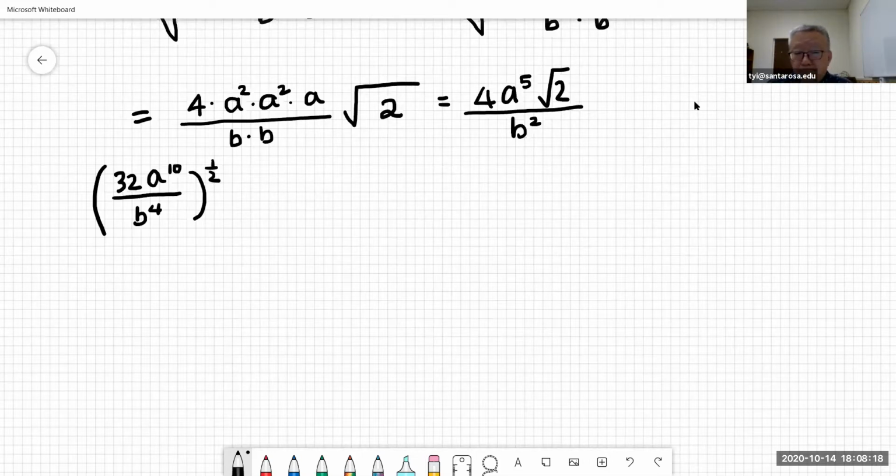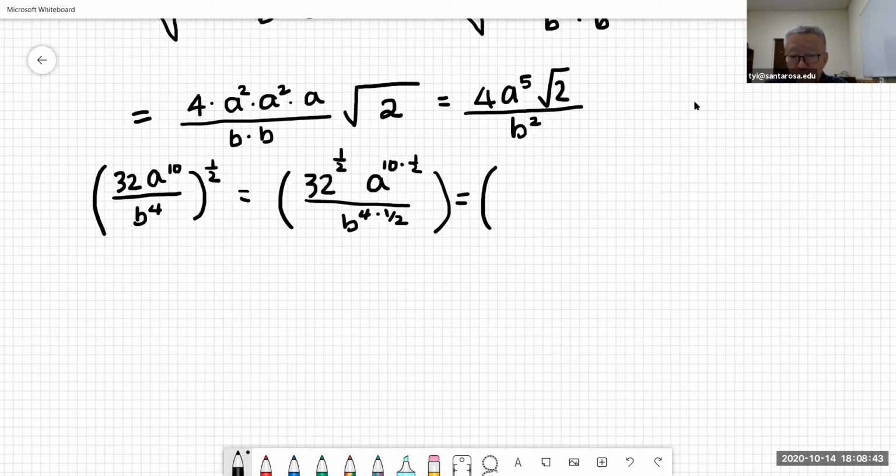So we want to apply the 1/2 to everything inside. So let's just do that. Okay, so I'm going to do 32 to the 1/2, a to the 10 times 1/2, b to the 4 times 1/2.